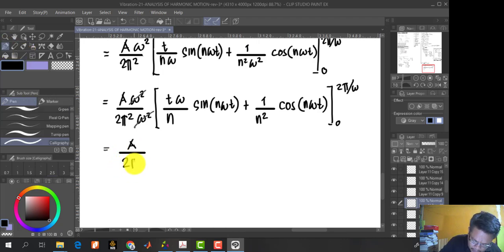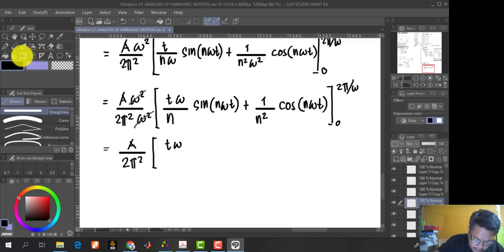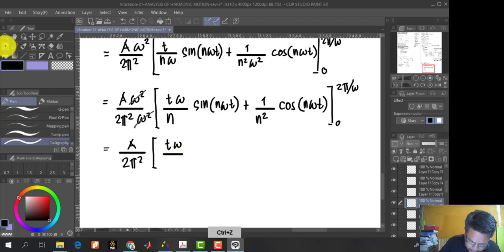So that will be 2 pi squared. So this is close parenthesis. So yan, yung buong equation yan, we have time times your angular velocity. We have your n. Okay, so this will be my n times your sine n angular velocity times time.